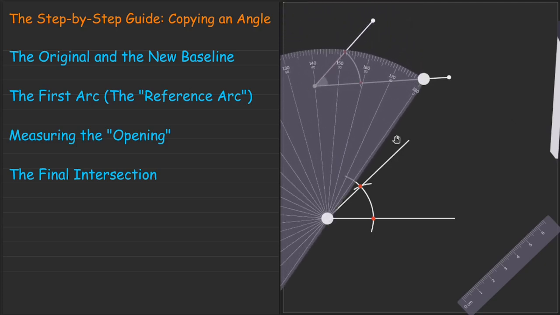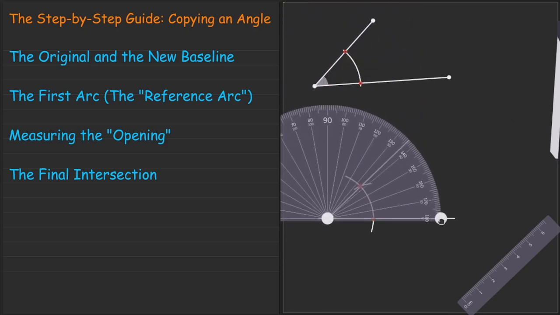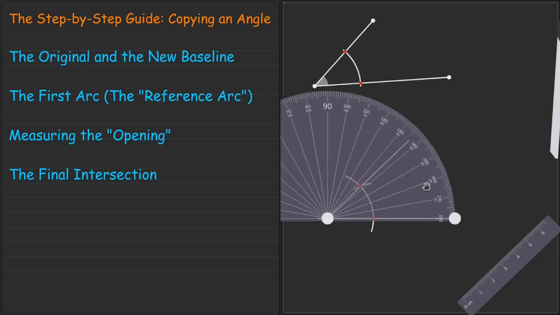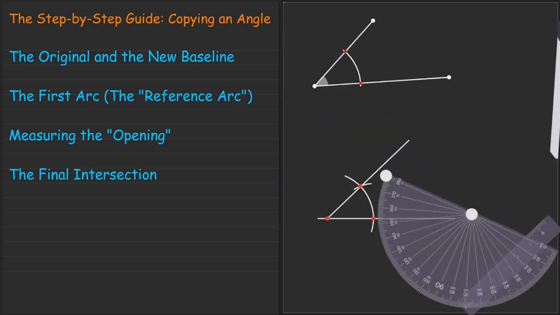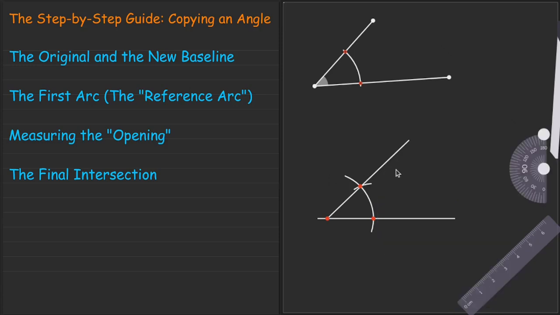Now let's come here and also check. So as you can see, it also passes through the 45 degrees, right? So this is how we copy angles. Let me quickly go over it one more time to enhance your understanding.